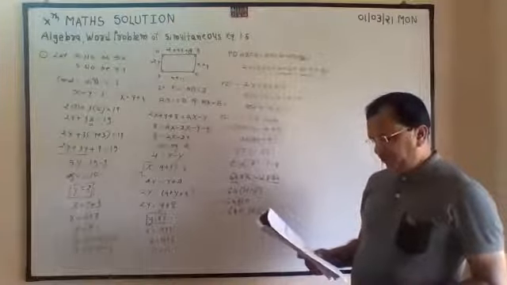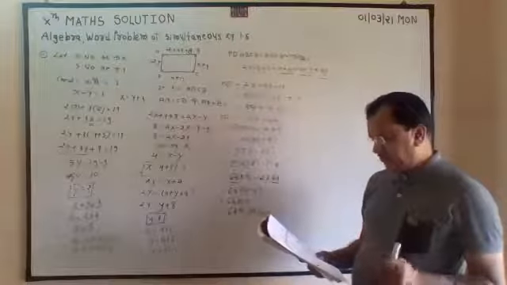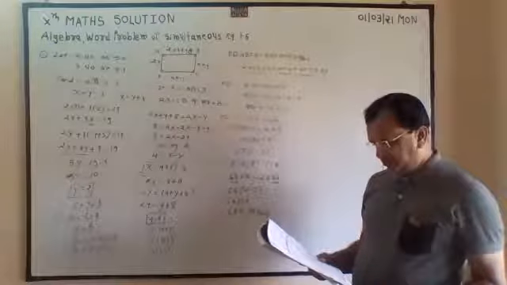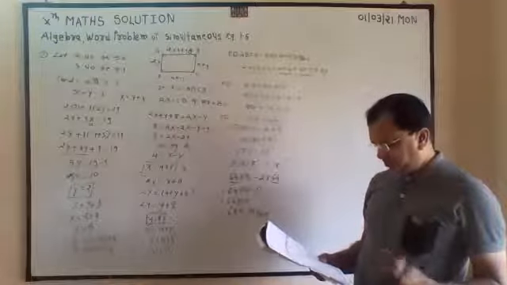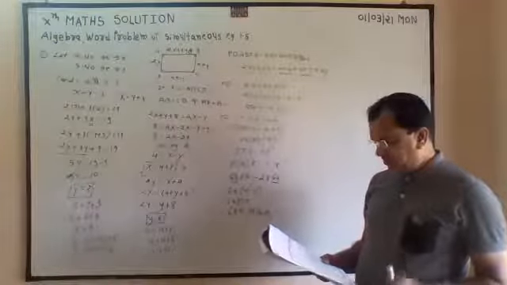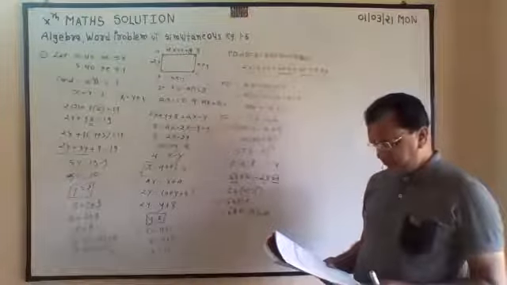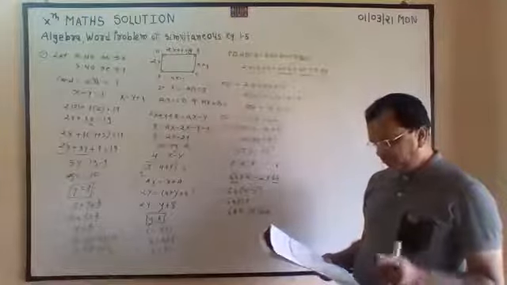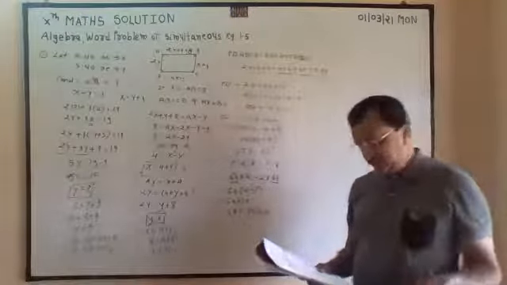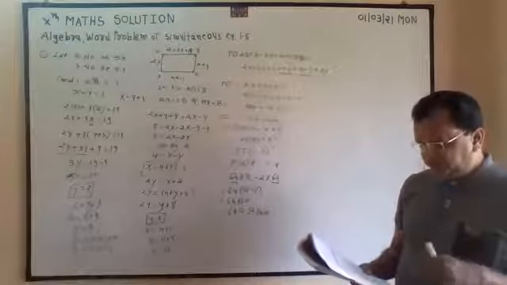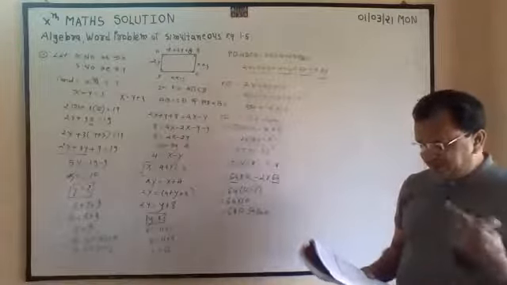The sum of the father's age and twice the age of the son is 70. If we double the age of the father and add the age of his son, the sum is 95. Find their present ages. Father's age plus twice the son's age is 70. Son's age plus double the father's is 95.